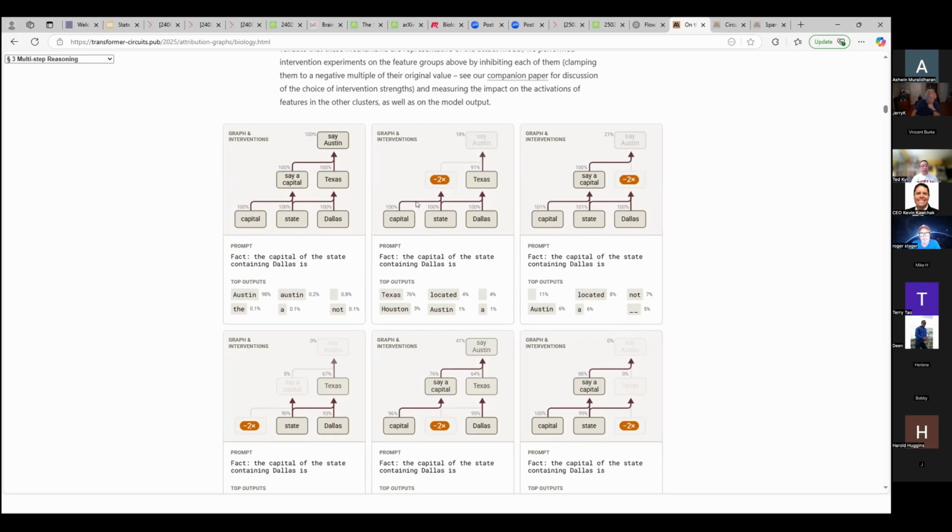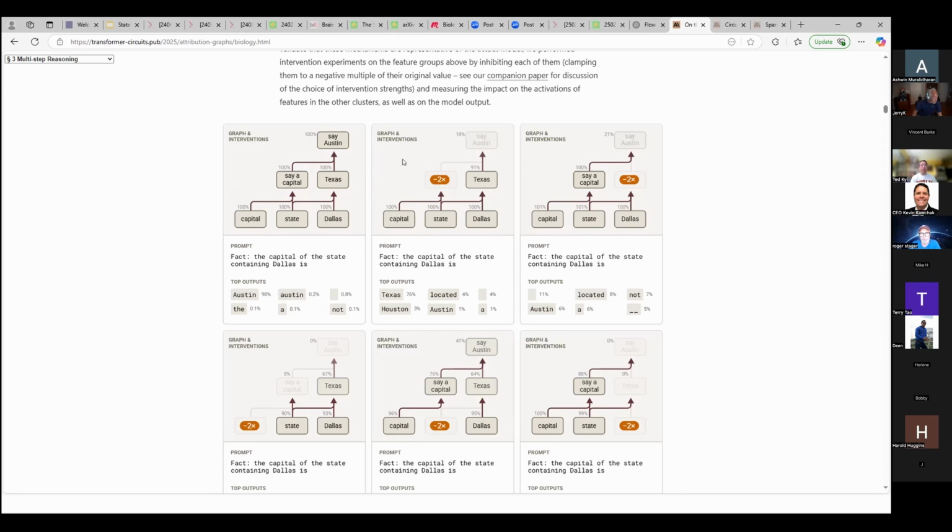Okay. So -1 times would be sort of exactly zeroing out. -2 is you're shouting a little bit. You've raised your voice a little bit to wipe it out. But then the next token, instead of being Austin, Texas is 76%. And then you see some of these other ones like located in Houston. And Austin did appear here at 1%. Not gone, but it's the 5th most probable token.